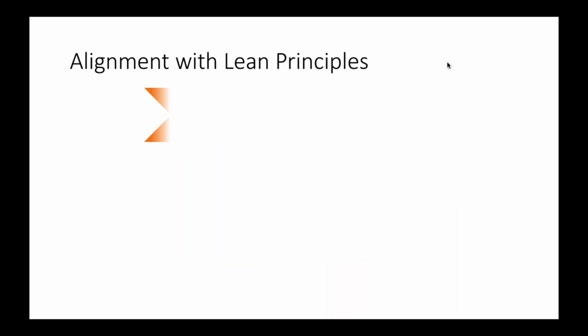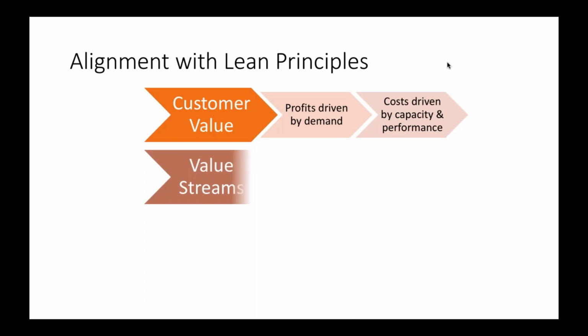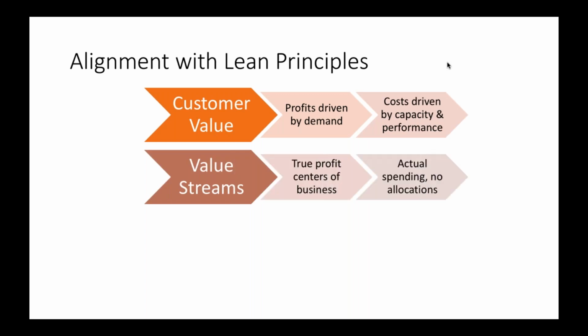Value stream income statement aligns with lean principles at a more detailed level too. Profitability in a lean company is primarily driven by increasing demand by creating value. Costs are primarily controlled by understanding capacity and improving performance. Again, value streams are the true profit centers of the business. We want to look at our cost structure by actual spending by value streams.